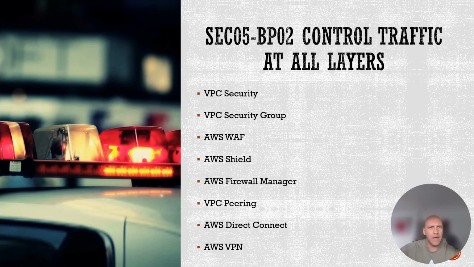And lastly, a VPC peering connection is a networking connection between two VPCs that enables you to route traffic between them using private IPv4 and IPv6 addresses. Instances in either VPC can communicate with each other as if they are within the same network. You can create a VPC peering connection between your own VPCs or with a VPC in another AWS account. The VPCs can be in different regions, also known as an inter-region VPC peering connection.